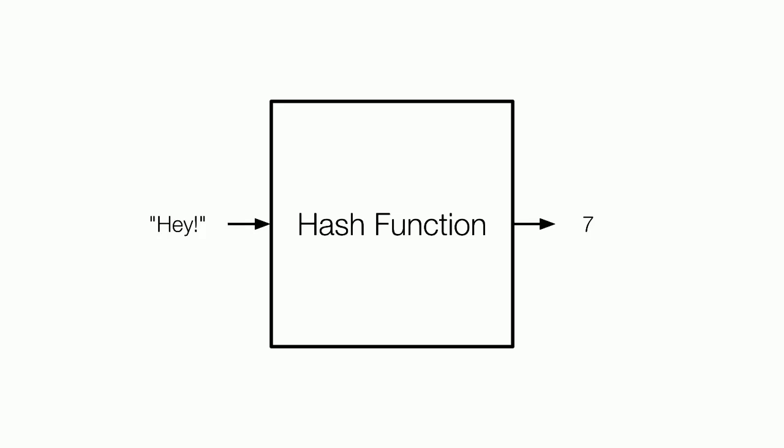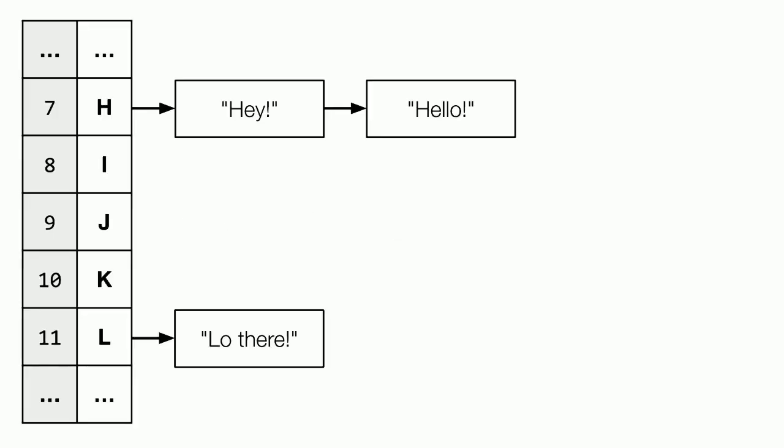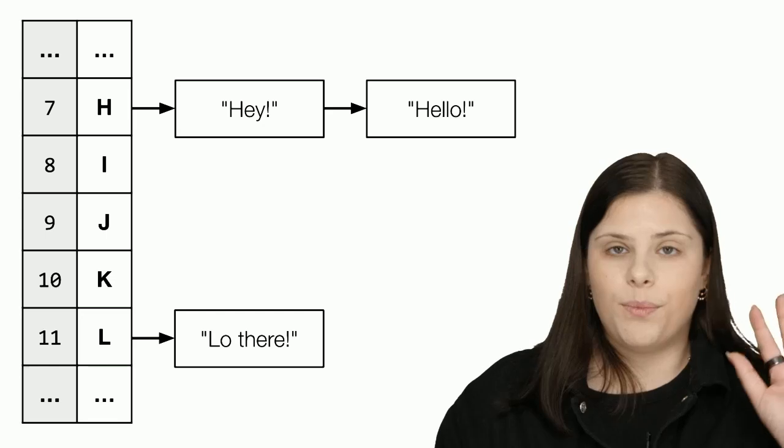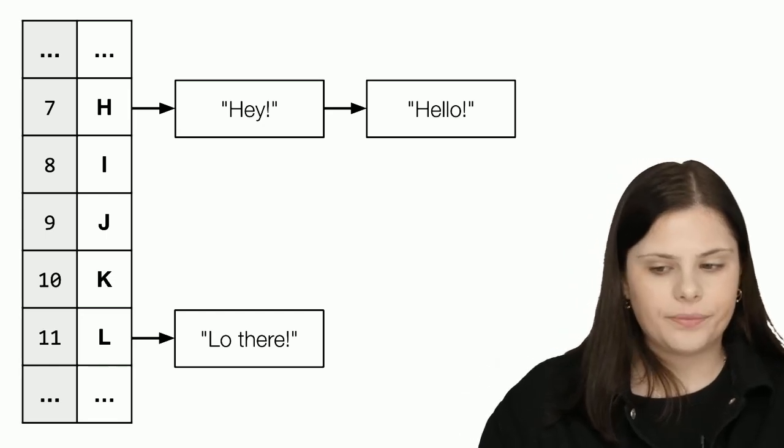A hash function is just something that can take a word or phrase of what you want to store, and then give you a corresponding number, or a corresponding index of the bucket where you want to put that phrase or word into the hash table. So for example, if I put hey into a hash function and it gives me back 7, I'm going to go into the bucket with index 7 and put hey in there. Okay?